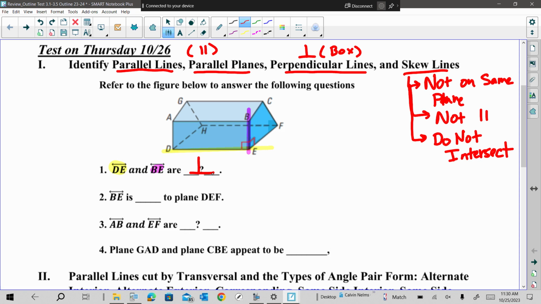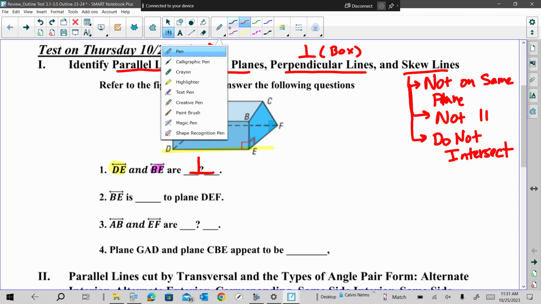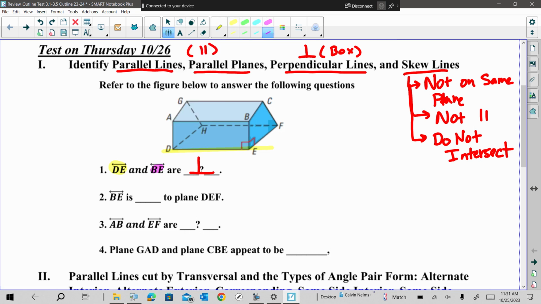Now I'll talk about number 2 here. Keeping that same line, I'm just going to take off my BE because we don't need that one. They're saying BE in the plane DEF. So if they give you 3 letters, use those 3 letters to find the plane.